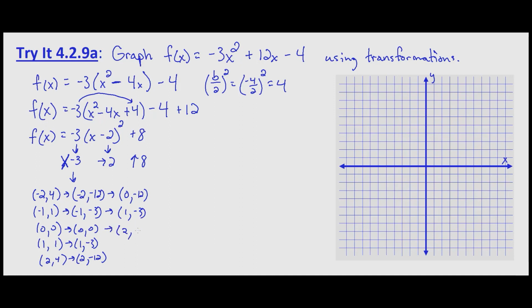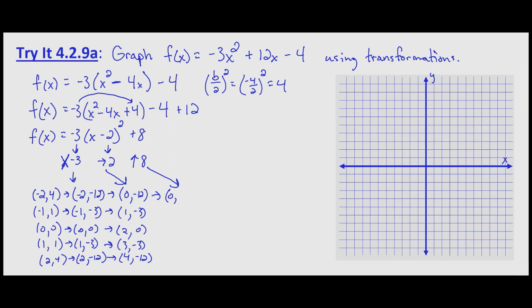So 0 plus 2 is 2, 0. 1 plus 2 is 3, negative 3. 2 plus 2 is 4, negative 12.